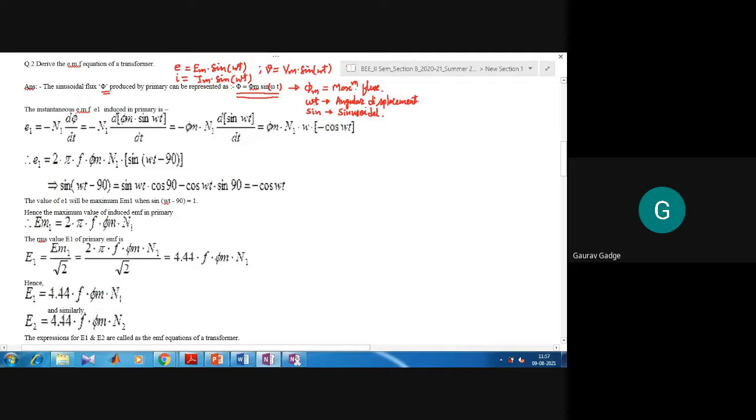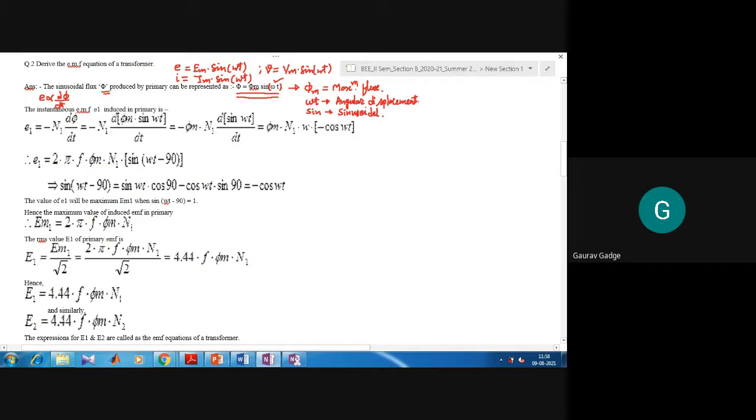So sine omega t means sinusoidal angular displacement, and phi m is the maximum flux. Okay, this is the explanation of the instantaneous value of flux phi equal to phi m sin omega t. Now we know from Faraday's laws of electromagnetic induction, E is directly proportional to d phi by dt.